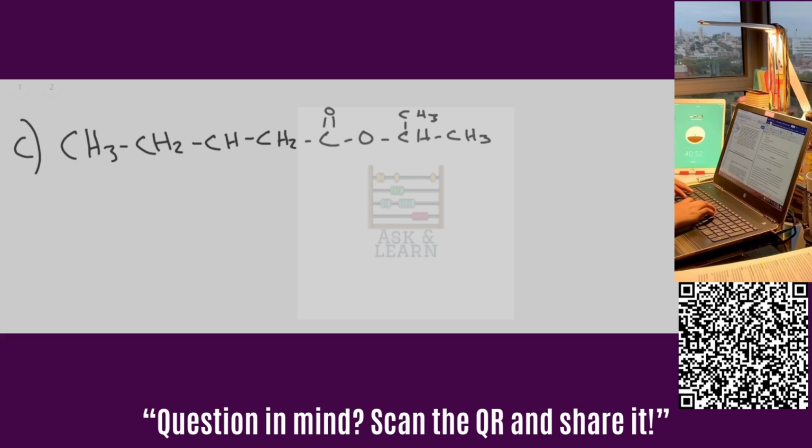So what we need to do is go ahead and identify the 2 groups that we have. This group here is 5 carbons long and is connected to the double bond of the oxygen. So we call it pentanoate, P-E-N-T, for the 5 carbons and O-A-T-E for the ester. And let's go ahead and write in a substituent I forgot to put in. And this part here is the isopropyl group.